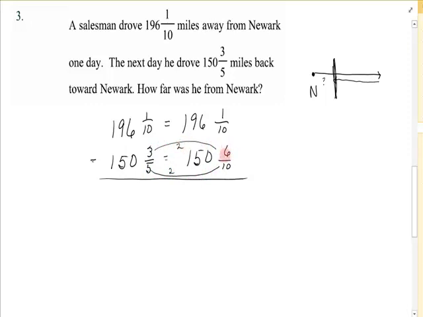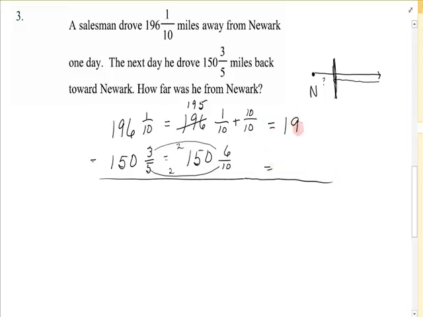Now this is a subtraction problem, and I can't take 6 from 1. So I borrow. This is now 195, and the 1 that I borrowed becomes a fraction. It will be 10 over 10. So I'm going to rewrite one more time.